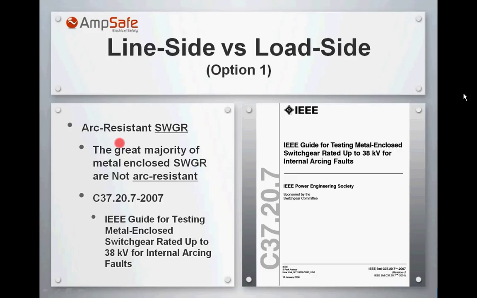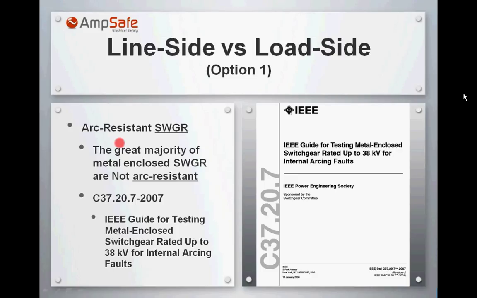Now, you do have to understand that arc resistant switchgear is good for any energies escaping the panel, in other words, to the outside. There is also a testing method to certify that the switchgear is arc resistant between adjacent sections.